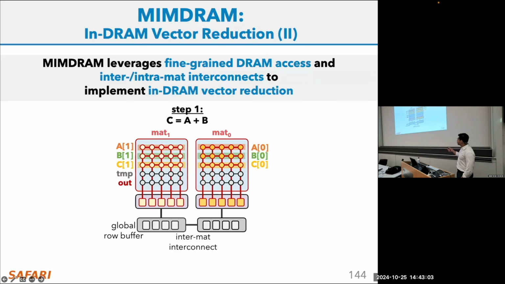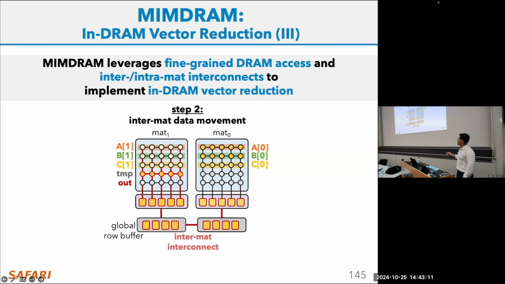We compute the first step of that addition inside both DRAM mats here, and then, as I mentioned, we are implementing an adder tree. So we need to move the data from one mat to another mat, and then we do the addition again, but only involving that second mat here. And then this process repeats across the different columns inside the mat, using the intra-mat network as well.